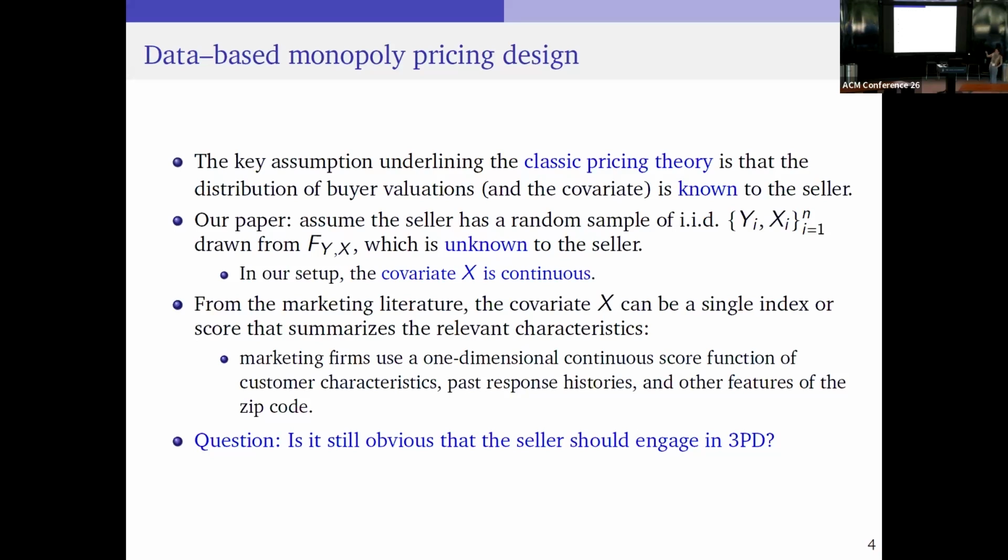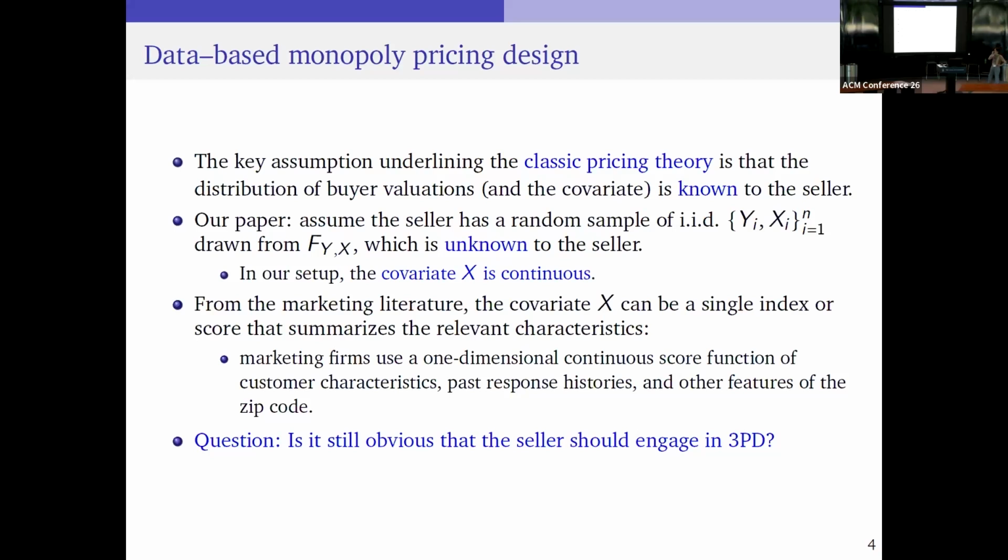One reason is that it's mathematically challenging and more interesting. Another reason is motivation: in practice, firms often use one-dimensional continuous characteristics, such as zip codes and other information.